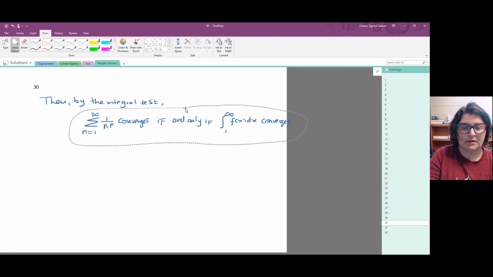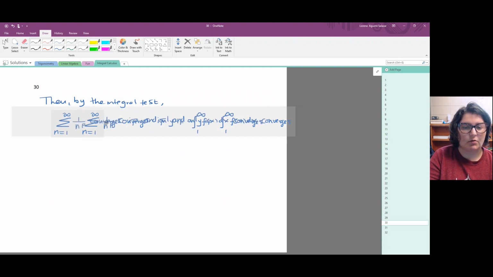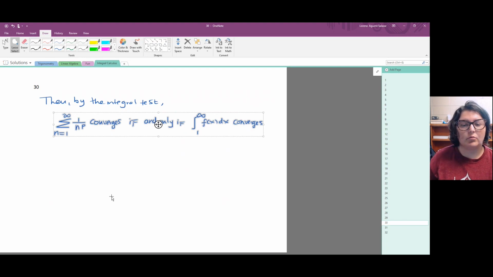That's what the integral test tells us. Whenever we can match a_n with f of n, where f is continuous, decreasing, and positive from 1 to infinity, the series, the summation from 1 to infinity of a_n, converges if and only if the integral from 1 to infinity of the function converges. And let's write the function more explicitly. We have 1 over x to the p.